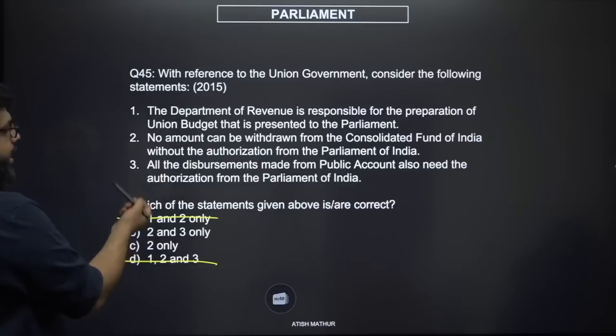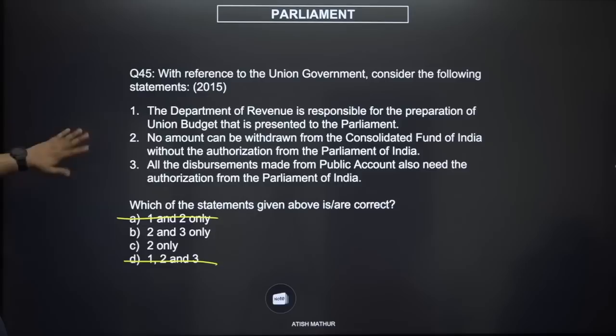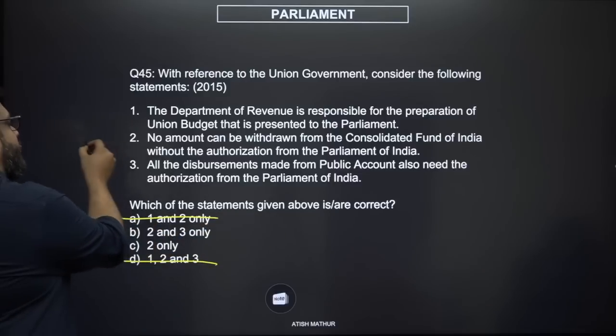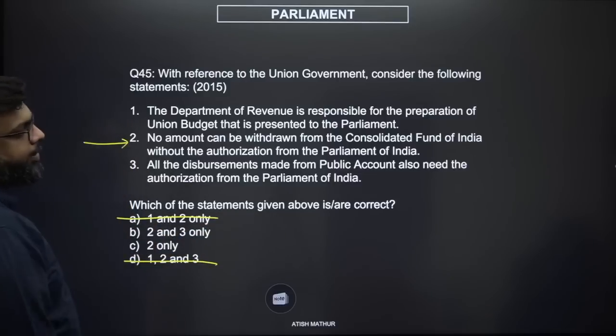Now you have 2 and 3, and 2 only, which means 2 is definitely correct, which is also true because of democratic mandate. You can't spend the people's money without authorization from the People's Parliament or the People's Representatives, which is the Parliament. All disbursements made from the public account also need authorizations from the Parliament of India.